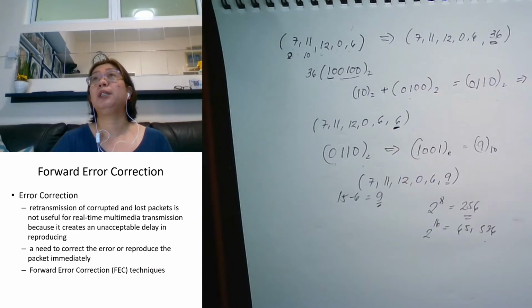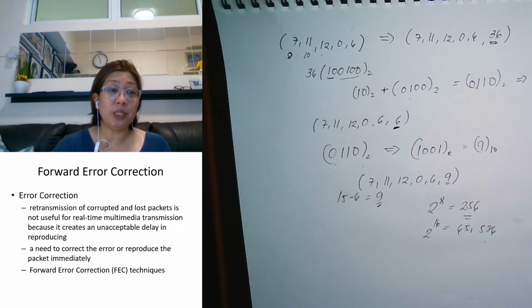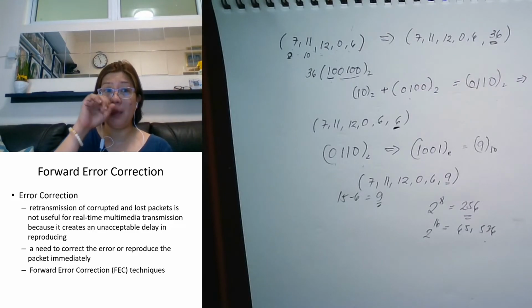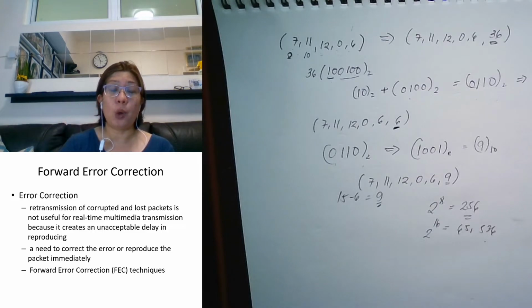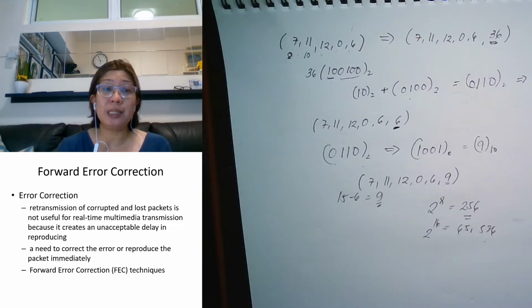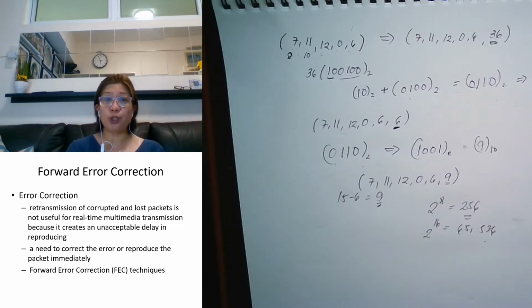Okay, so those things, from the previous video up to the checksum, are what we call error detection. We discussed them as error detection. There are two types of error correction, actually, from our previous discussion.